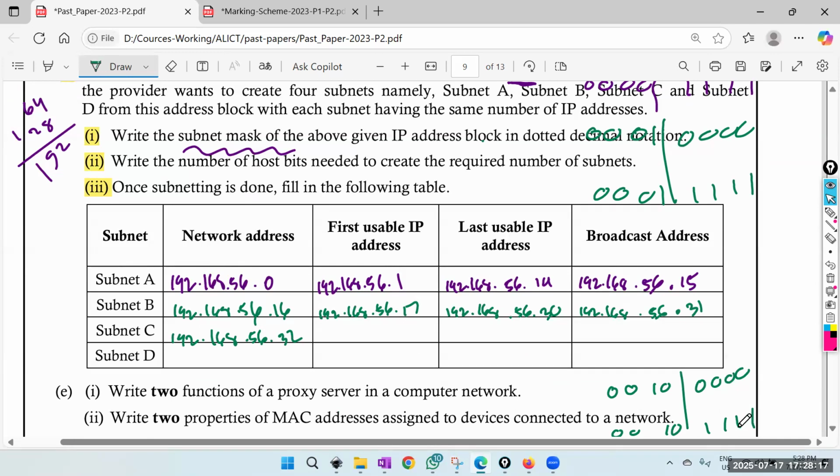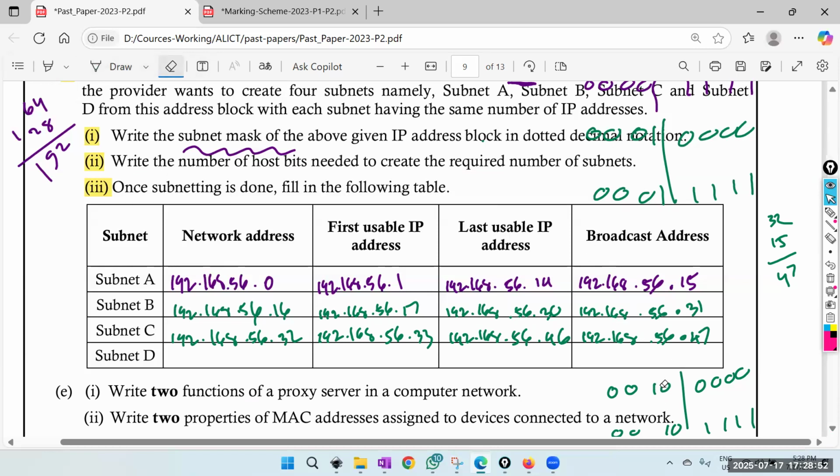Last one is 32 plus 16 minus 1, 47. So the usable range is 192.168.56.33 to 192.168.56.46. And the last one is 11.